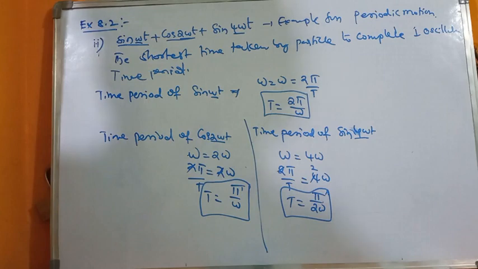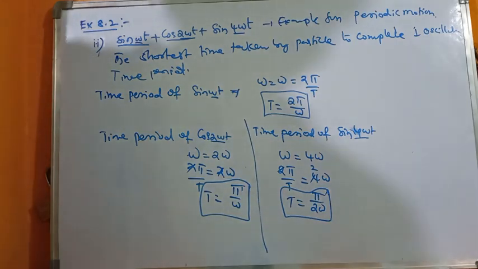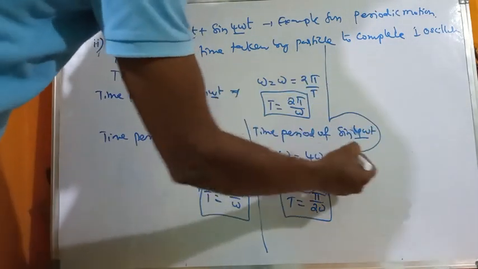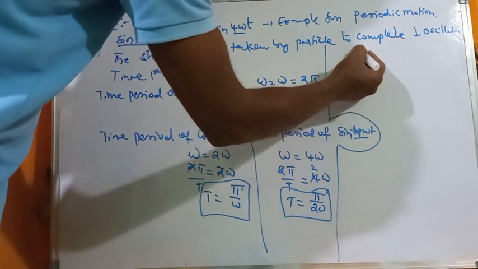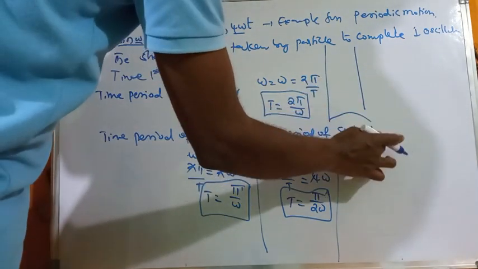So which one is the smaller and which one is the bigger here? Suppose we observe it like this, taking one graph for all of these. This is our one oscillation.